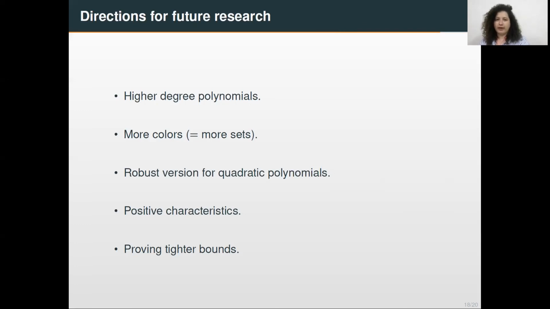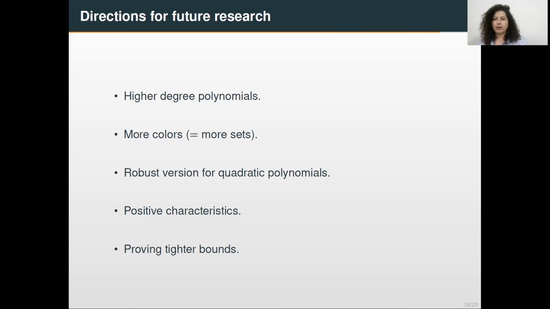For the bottom fan-in, we need to have similar results for higher degree polynomials. So the bottom fan-in corresponds to the degree of the polynomial. For the top fan-in, this allows more sets or more colors in the Edelstein-Kelly theorem. So any progress in any of those directions should be very interesting.